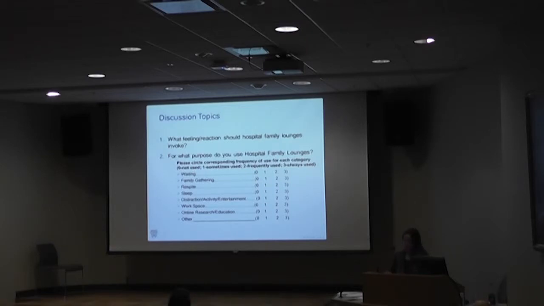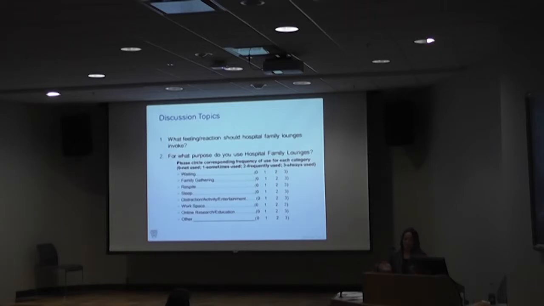And what I would really like to get from people is a scoring of how frequently you would use the room for that function, because there are so many things that need to happen and there are constraints. So I think prioritizing what the family lounges need to achieve or accomplish is pretty important.